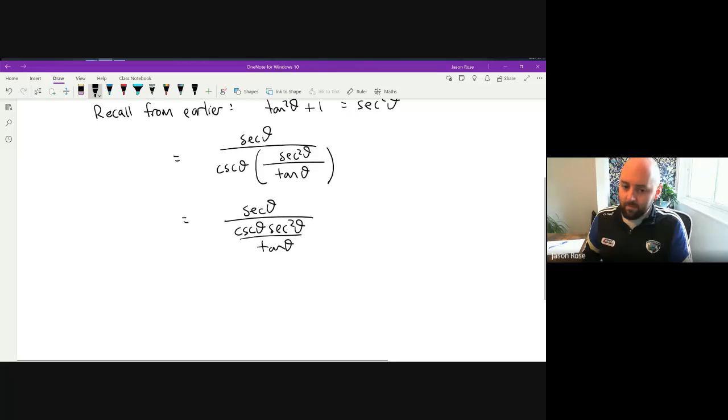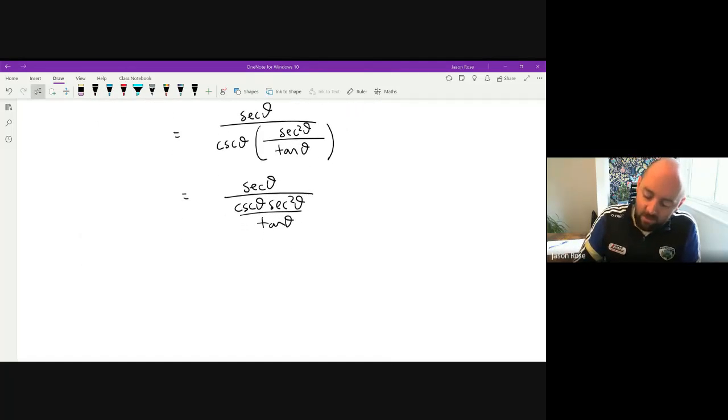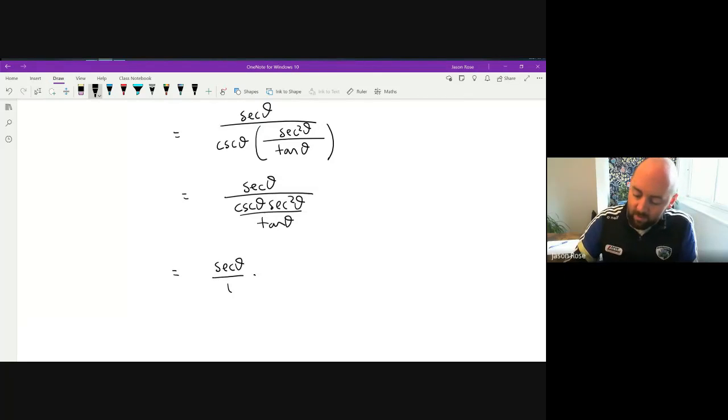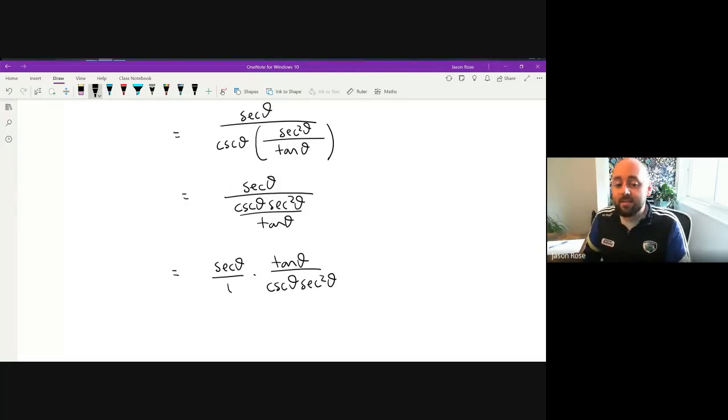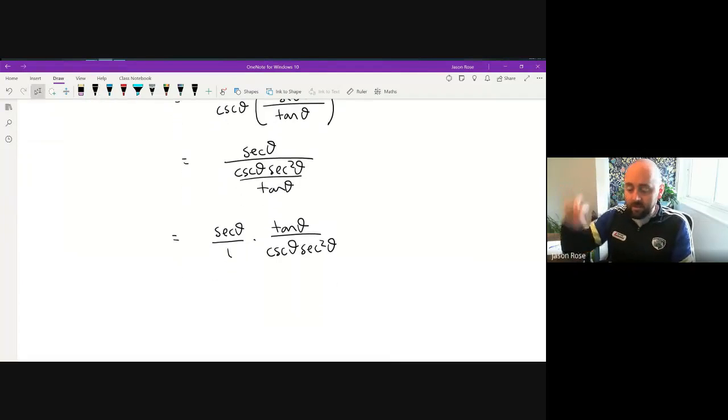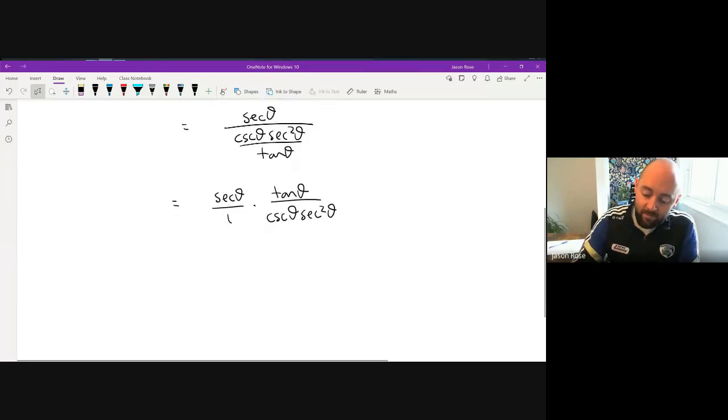So before we make a cancellation, what I can do as well is treat this as secant divided by 1 multiplied by tan theta over cosecant theta secant squared theta. That's taking the fraction in the denominator, taking the reciprocal and multiplying instead.